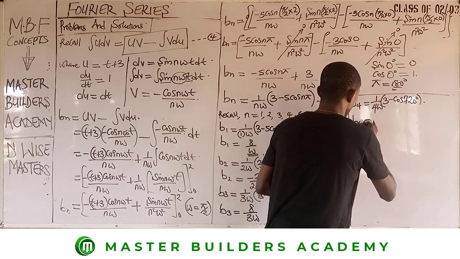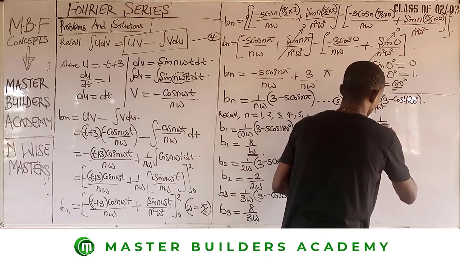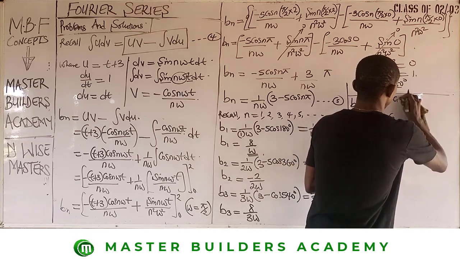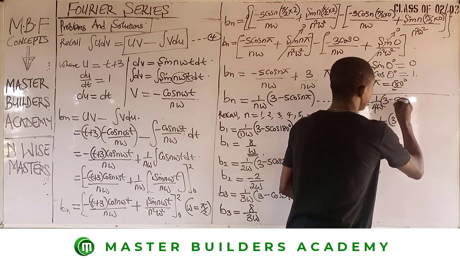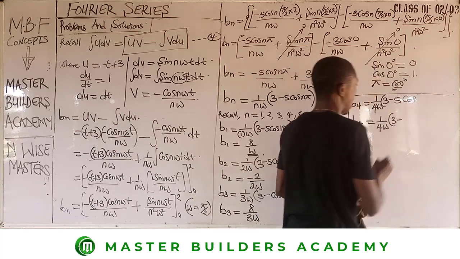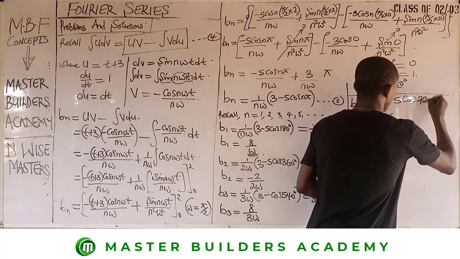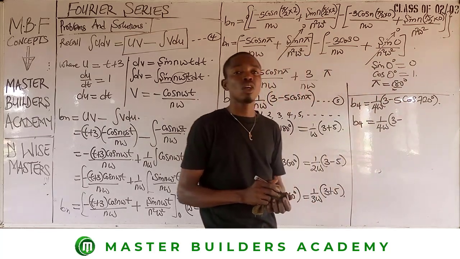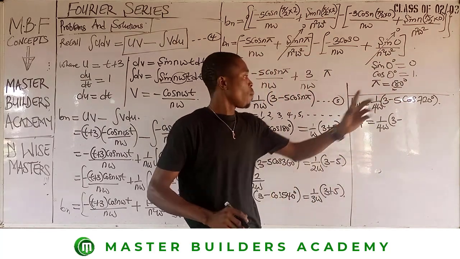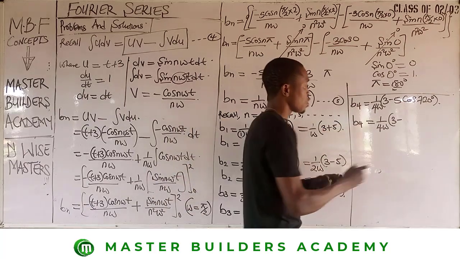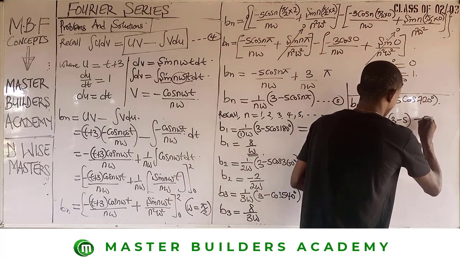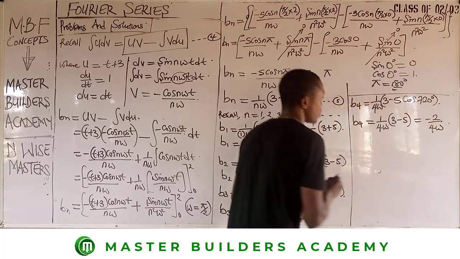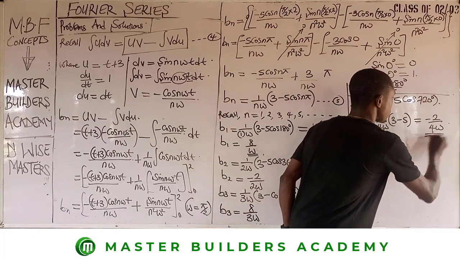And then b4 would have given us 1 over 4w into 3 minus 5 cos 720 degrees, and cos 720 degrees will give us positive 1. Positive 1 multiplied by negative 5 will still give us negative 5. And our final answer gives us negative 2 over 4w. That's the answer for this one.